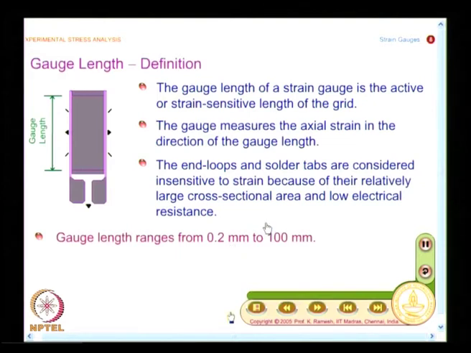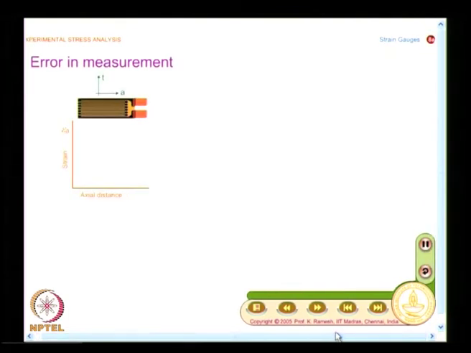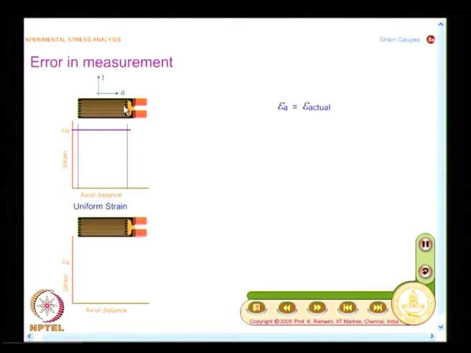And let us also look at what are the errors that could come when gauge length is not chosen appropriately. Suppose I have a constant stress, does gauge length have any influence? It has no influence. Whatever the strain I measure is equal to the actual strain. Suppose I have a strain varying linearly.